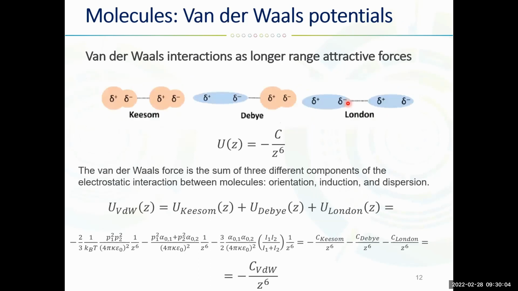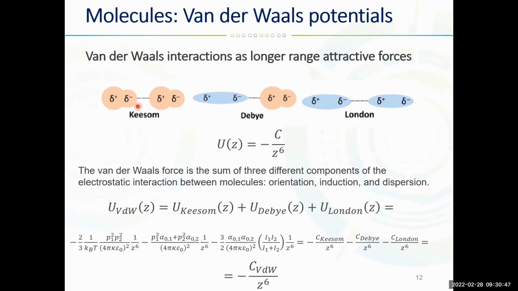Now I want to talk about quite important interactions known as van der Waals bonding. A van der Waals bond actually is a sum of three long-range attractive forces: Keesom force, Debye force, and London force. Keesom interactions are the electrostatic interactions among the permanent dipoles of polar molecules, which mutually modify their orientations to align their dipoles.